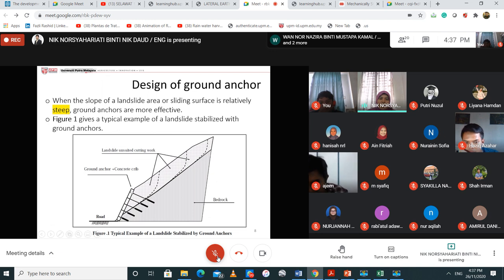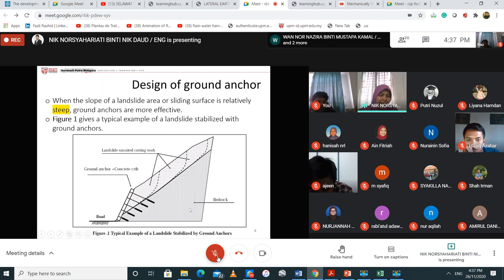So dia punya ground anchor tu dia letak at the end of the, orang panggil apa, kat toe, bahagian kaki bukit ataupun kaki yang landslide tu akan berlaku. Dia akan cut kat situ, which is here you need to, as an engineer, design the anchor, dia punya yang at the end of it ni, yang hold, tie back ni, kat bahagian bedrock.